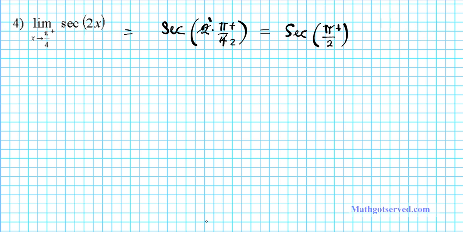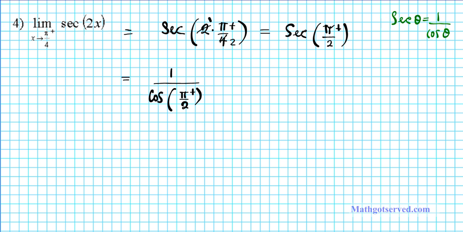Now we know the trig identity relating secant and cosine. We know that secant theta is equal to 1 over cosine theta. All right, so what we're going to do is express this as 1 over cosine pi over 2 from the right.